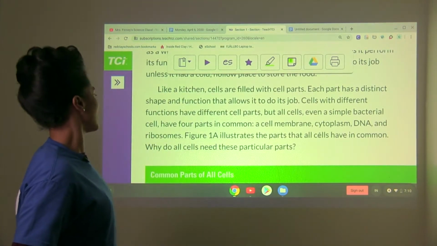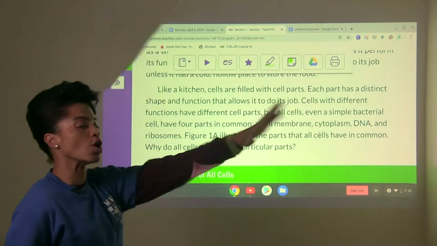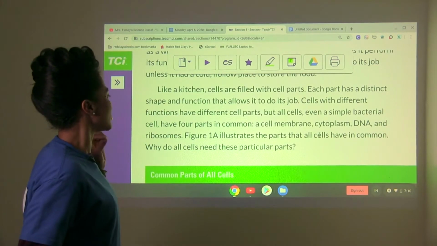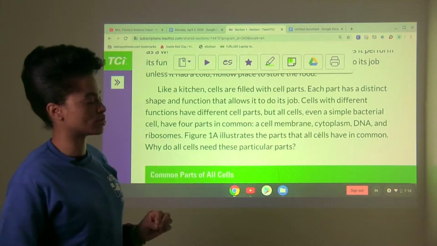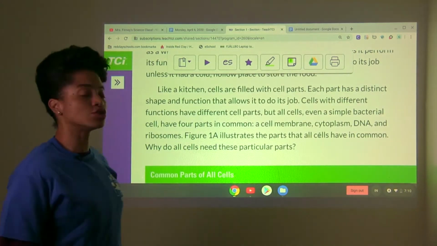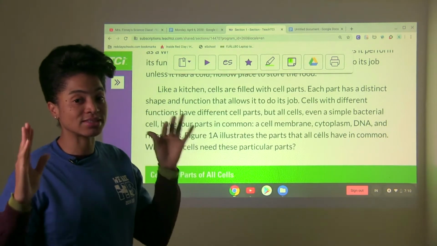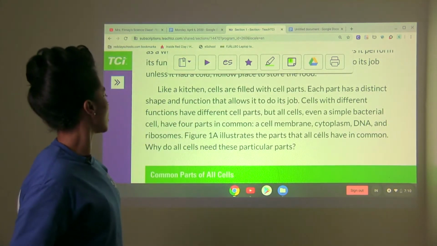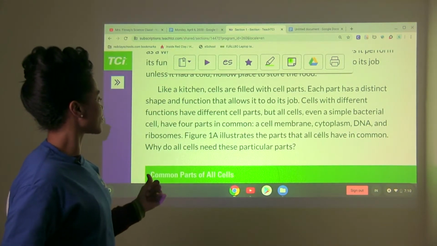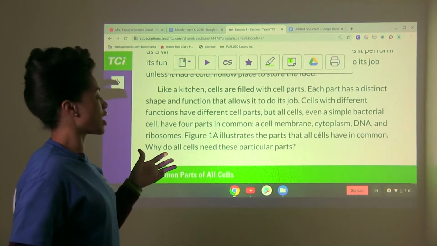Cells with different functions have different cell parts, but all cells, even a simple bacterial cell, have 4 parts in common. So what are these 4 parts that will be in every type of cell? Here they are. A cell membrane, cytoplasm, DNA, and ribosomes.